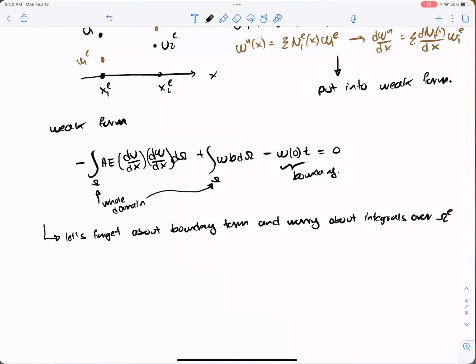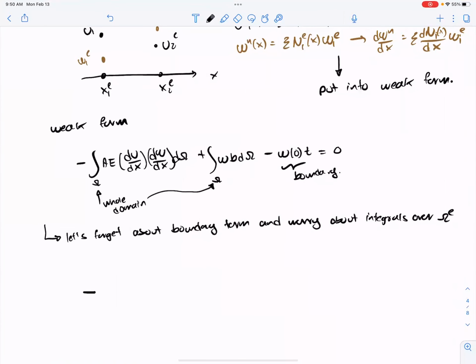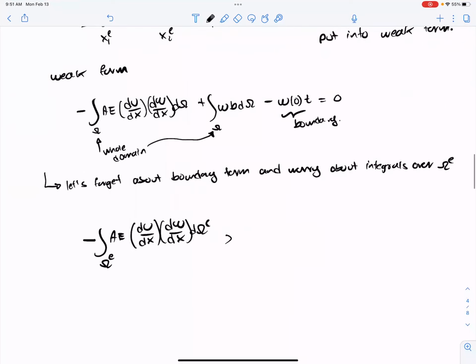If we do that, the only terms I care about are this term, the integral over the element, and this term. Note that because this is only part of the integral, I'm not making the whole thing equal 0.